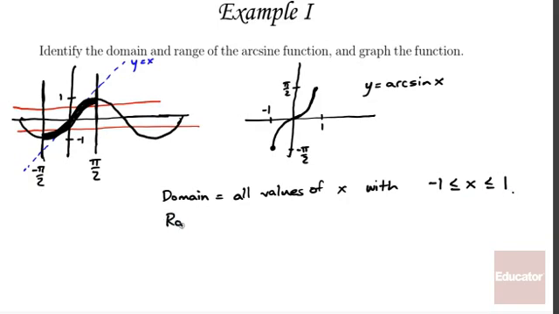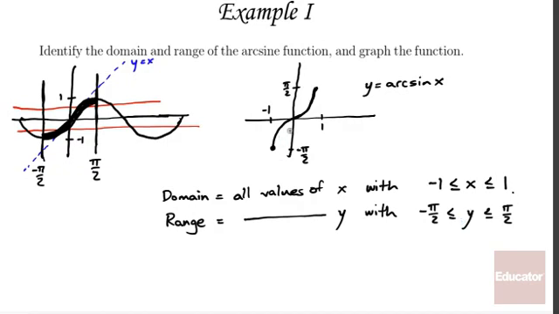The range, the numbers that come out of the arcsine, all values of x between negative pi over 2 and pi over 2. Let me write that as y, because we think of those as the values coming out of the arcsine function.